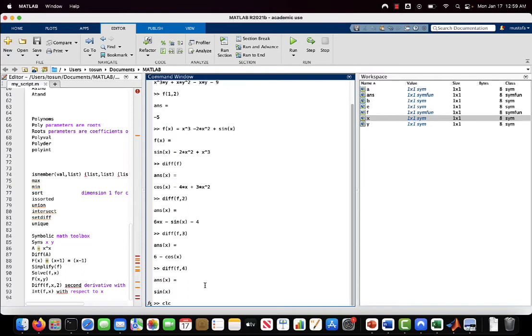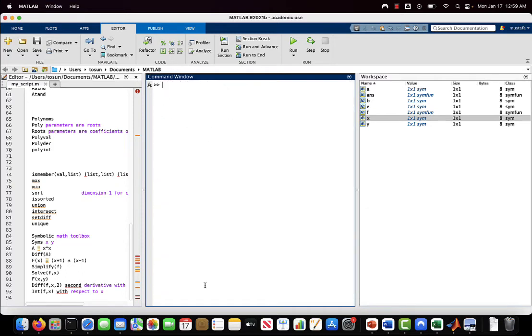Let's clear my window. Let's remember my function f, and I also can use the integration. To use integration, I can use the int function. In that int function, I will use my f function, and it will return the integration of my f.